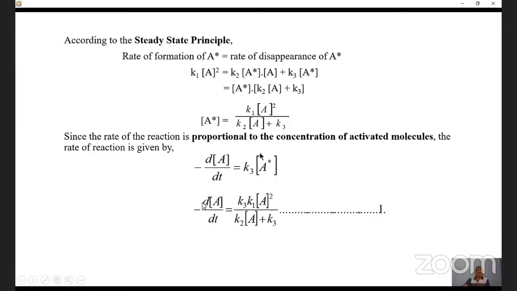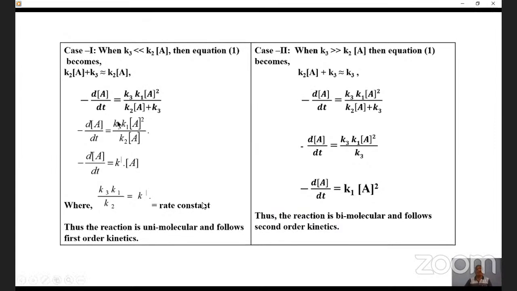Let us substitute the value of the concentration of the activated molecule in this equation. We will get this equation number 1. In the denominator of this equation, only two quantities are there. One is K2A and another one is K3. Hence this equation has only two particular cases. Let us see one by one.